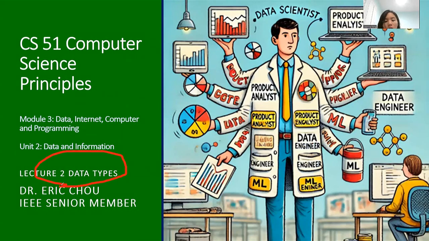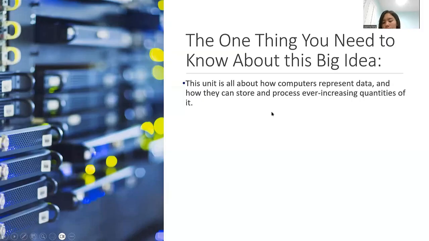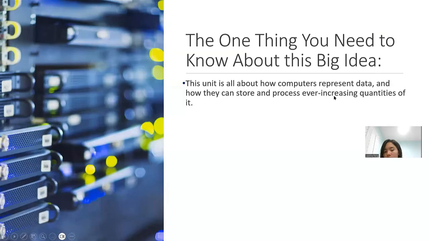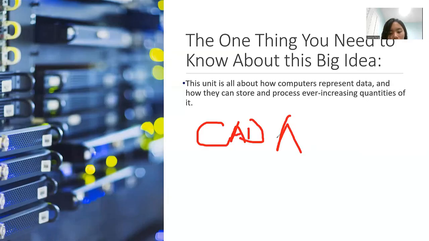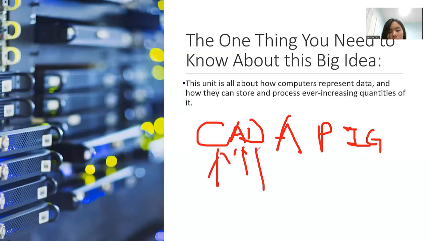So Unit 2, lecture 2, the first lecture, is data type. First you need to know what data is. Data is one of the big ideas for APCSP. Let me repeat the 7 big ideas one more time: creativity, abstraction, data, algorithm, programming, internet, and global impact.